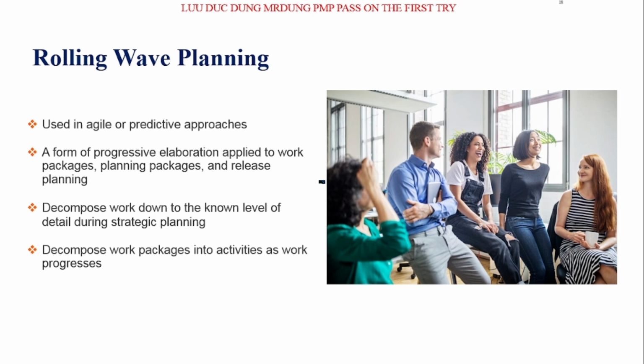Why do we use rolling wave planning in agile and predictive? Because we use this in the agile or predictive approach, because the output of the project is not clear, we don't know. For example, in an R&D project, we don't know the output, we don't know the success of the project, so we don't know what the customer wants for that project.